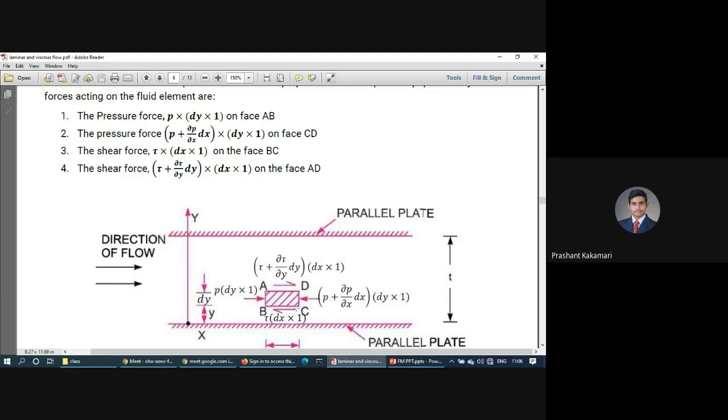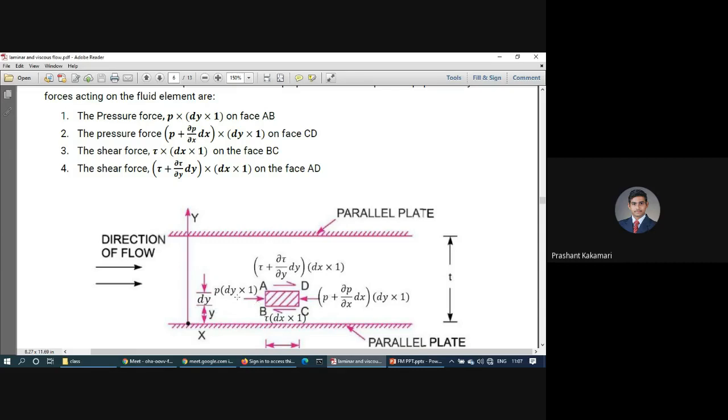Then the pressure difference, applying the same principle as the circular pipe or Euler's equation. The pressure acting on the left hand side is P into dy. Dy is the height, and one is the width; maybe they have taken unit width.